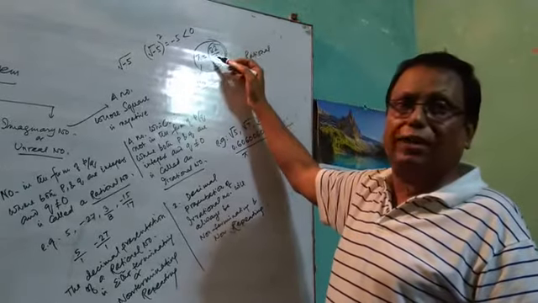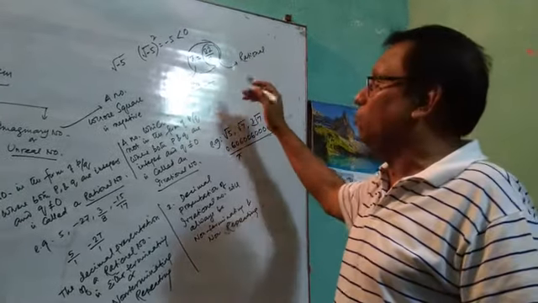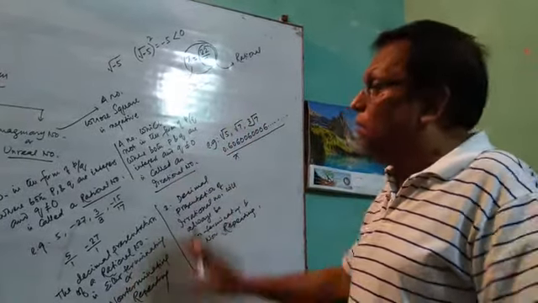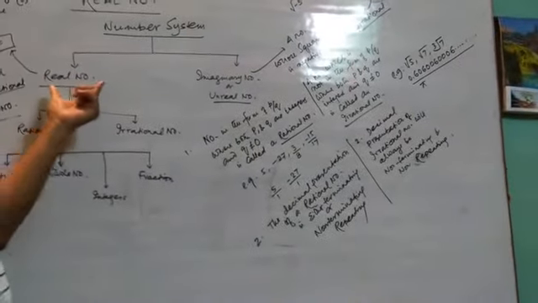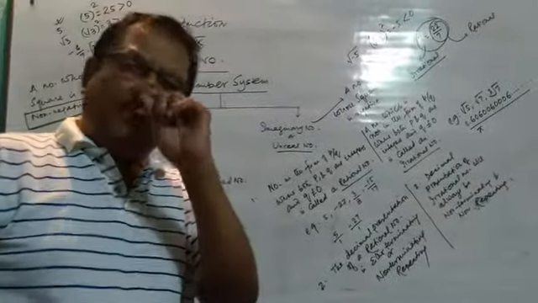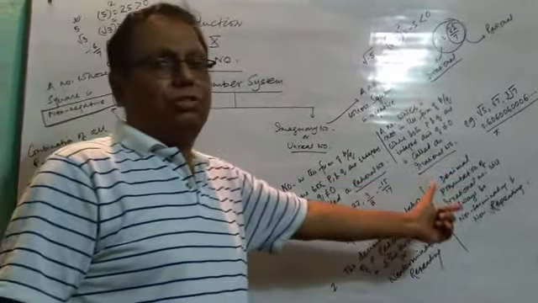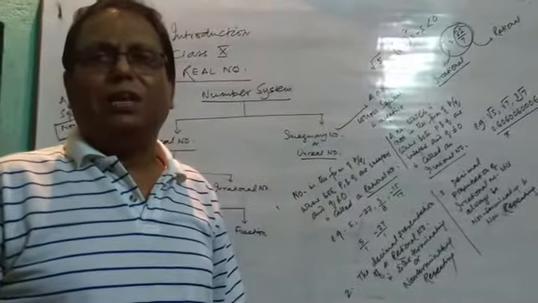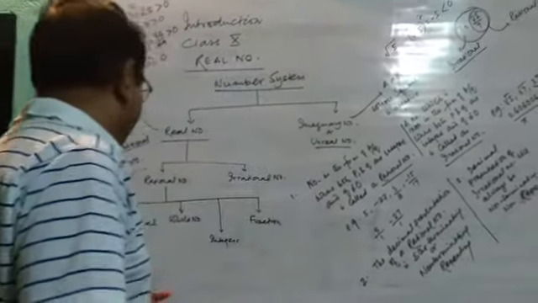For the purpose of calculation, we take it as 22 by 7. Both rational and irrational numbers make up the real numbers. We have learned that both rational and irrational numbers, which make up the real numbers, can be plotted on the number line.